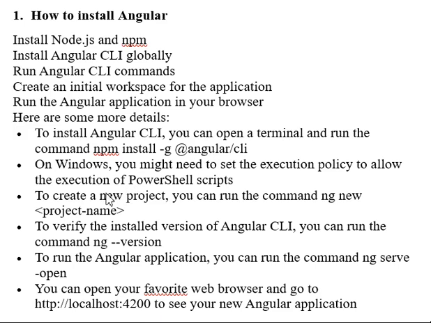You can see here, on Windows you might need to set the execution policy to allow the execution of PowerShell scripts. To create new projects, you can run the command ng new project name. To verify the installed version of Angular CLI, you can run the command ng --version.